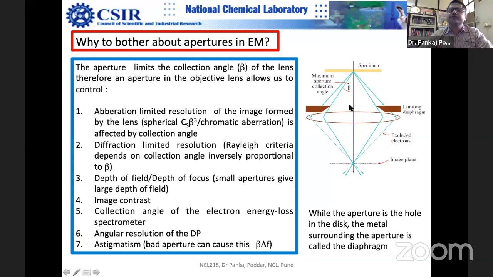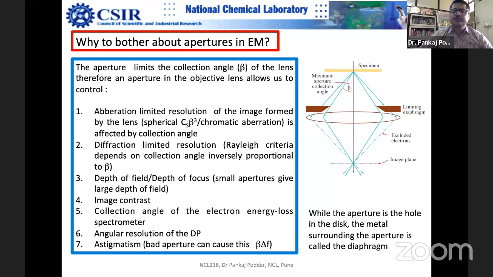Fine. Another very important and highly practical part, which you may not realize, but for a person who is operating the TEM for several months and several years, what happens? All the volatile stuff from your sample, suppose the sample is not dried properly.